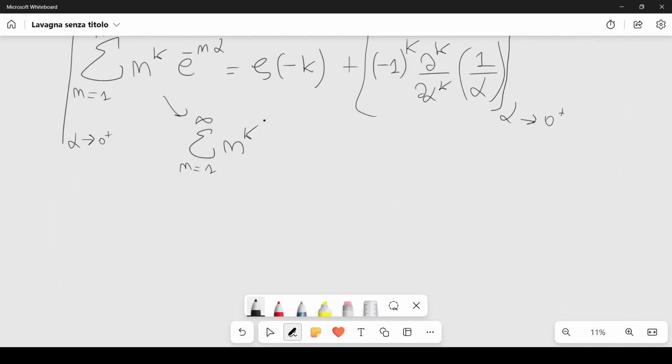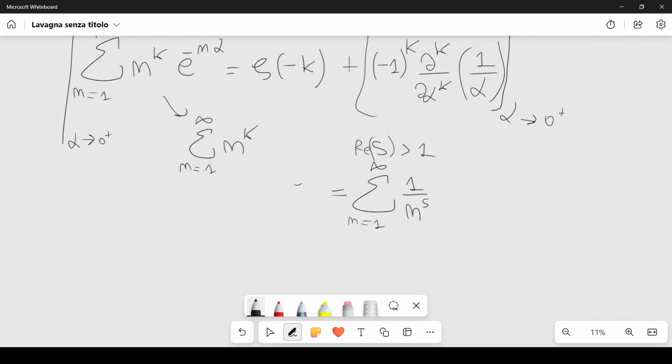For example, in a course on complex calculus, I have shown how to extend the definition of the Riemann zeta function for negative values. Remember that in general, when the real part of s is greater than 1, the Riemann zeta function can be defined as a summation, where n goes from 1 to infinity.